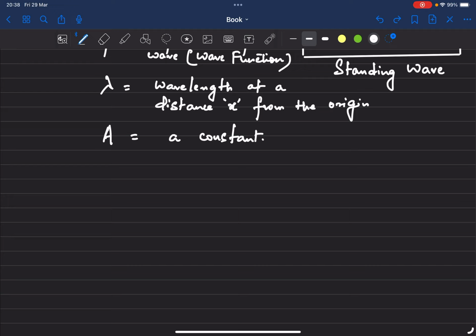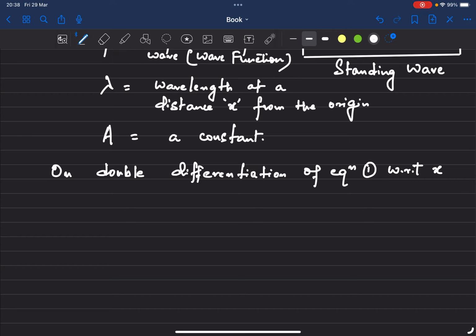So here we have the double differentiation of equation 1 with respect to the variable x, because we are only considering right now the propagation of the electron wave in one dimension. Although it propagates in three dimensions x, y and z, we will first solve it for the first dimension, that is x.